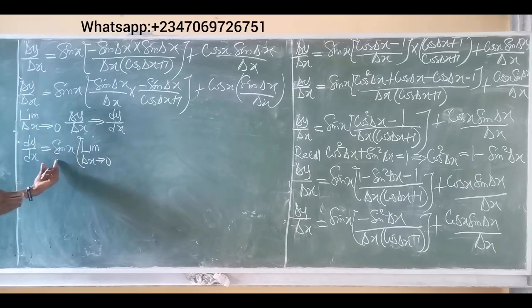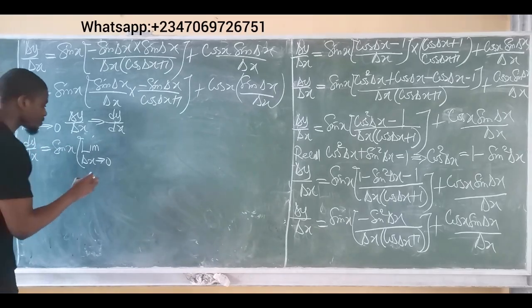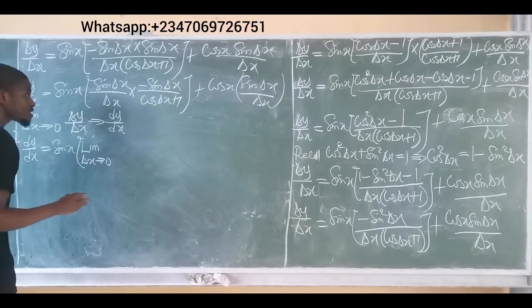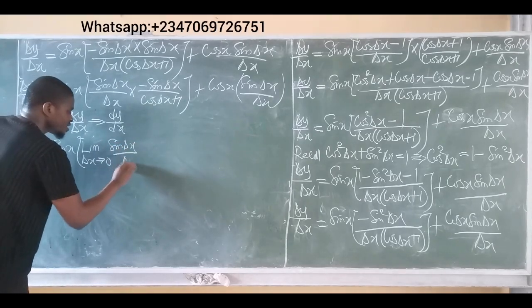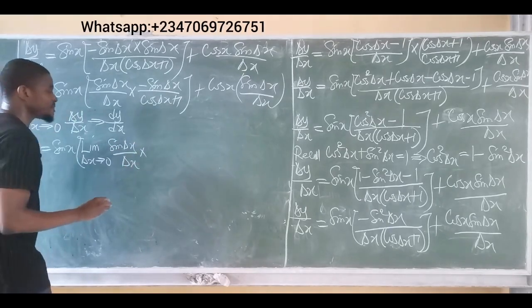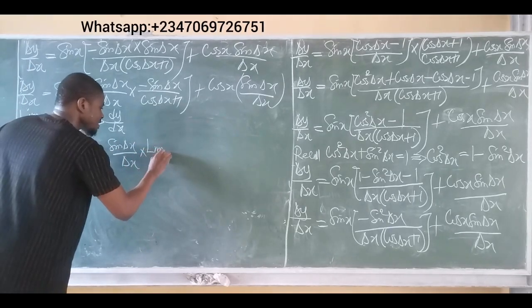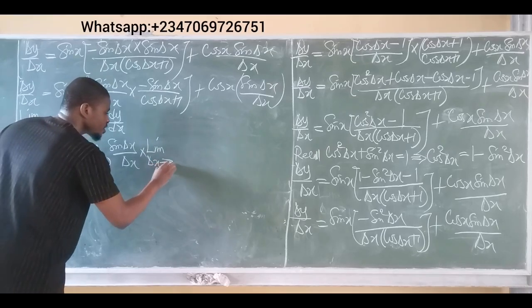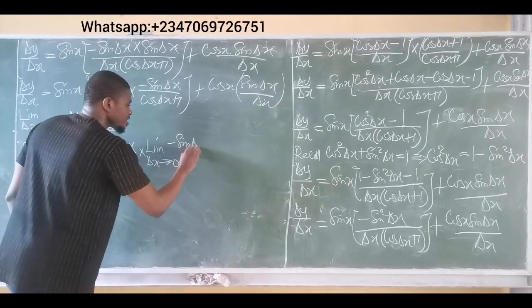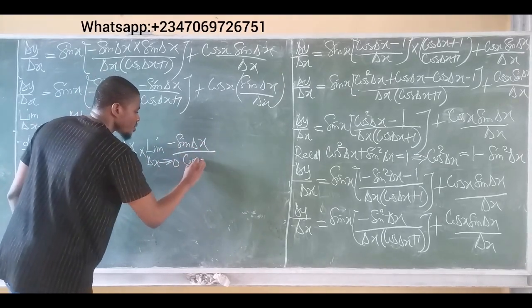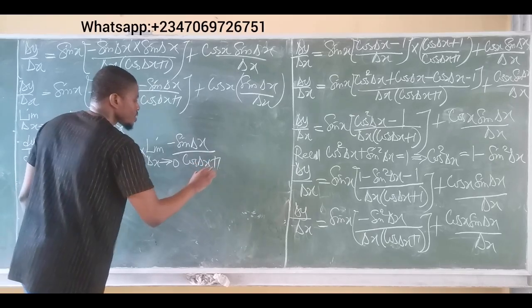That is why I did not put in that limit over here where I had sine x. Okay, so it becomes the limit as change in x approaches 0 of sine change in x over change in x, multiplied by the same thing here, the limit as change in x approaches 0 of negative sine change in x all over cos change in x plus 1.